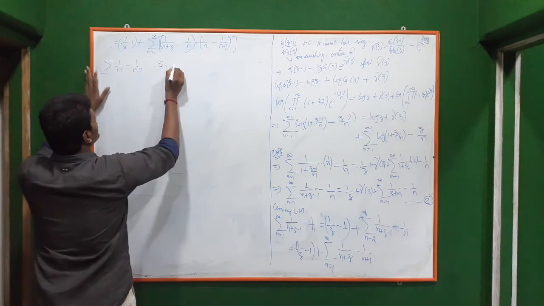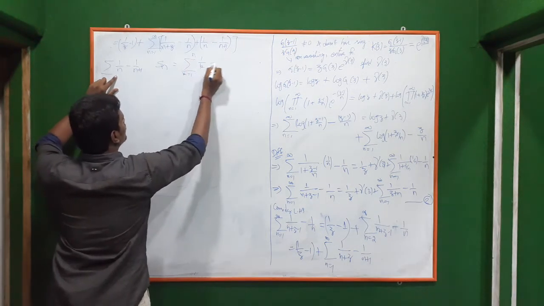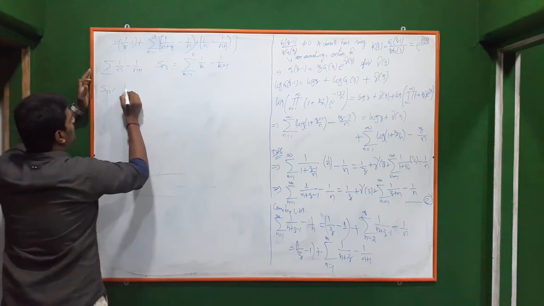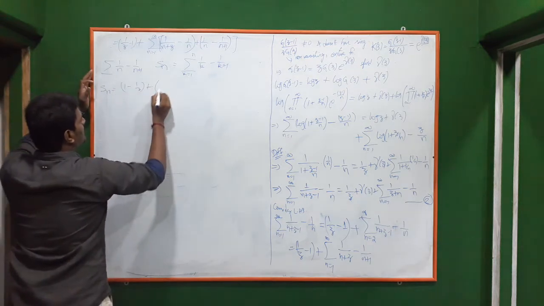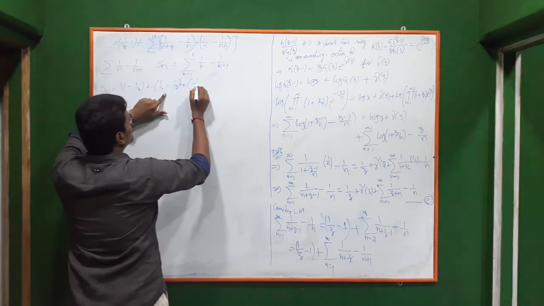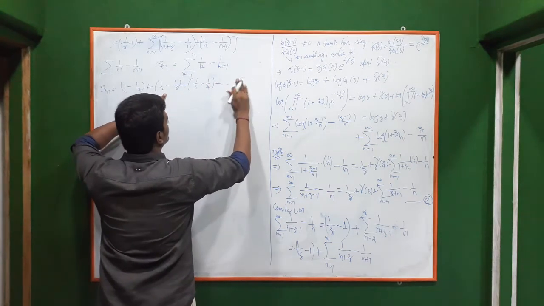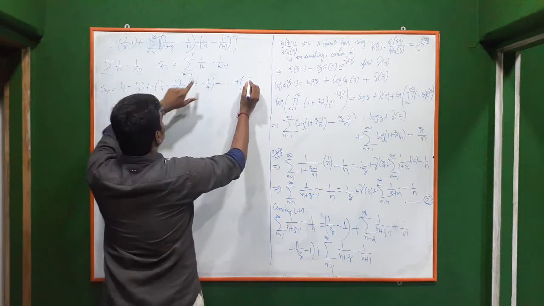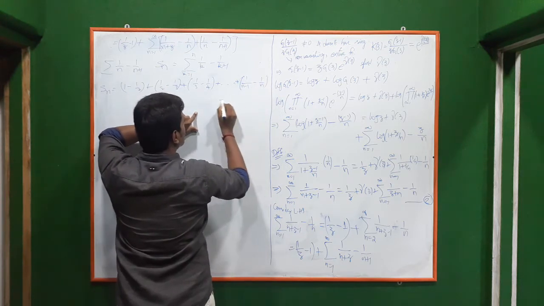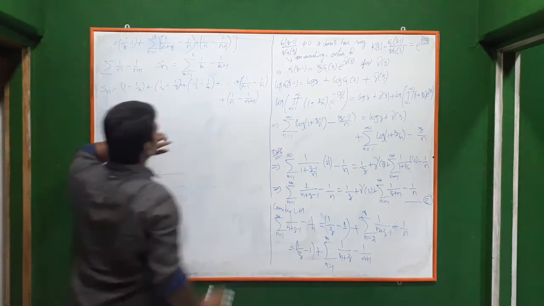Let Sn be the partial sum sequence of this. Then this will be k from 1 to n of 1 by k minus 1 by k plus 1. And what is your Sn? 1 minus 1 by 2 plus 1 by 2 minus 1 by 3 plus 1 by 3 minus 1 by 4, and so on, up to the nth term, 1 by n minus 1 by n plus 1.